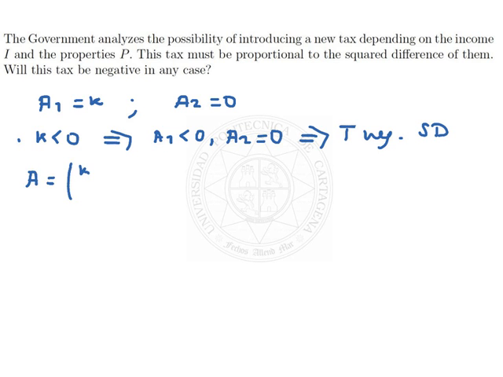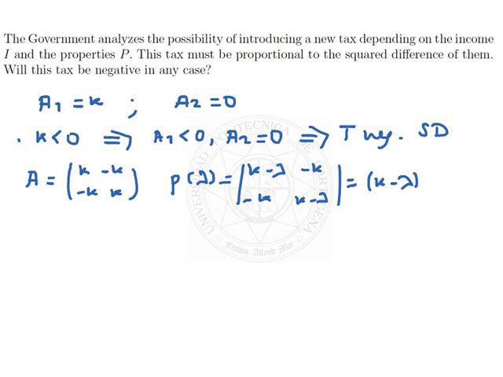This was the matrix. The characteristic polynomial is (k minus lambda) times (k minus lambda) minus (minus k) times (minus k), which is (k minus lambda) squared minus k squared, equal k squared minus 2k lambda plus lambda squared minus k squared.